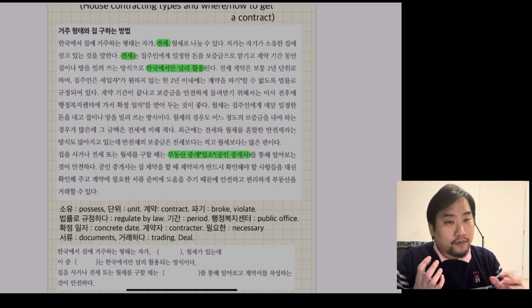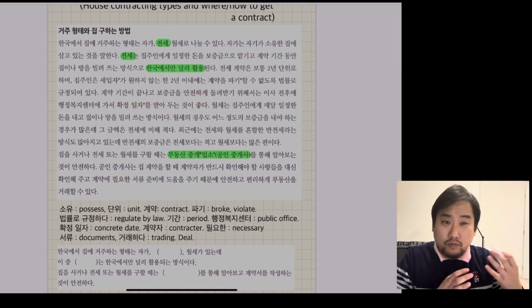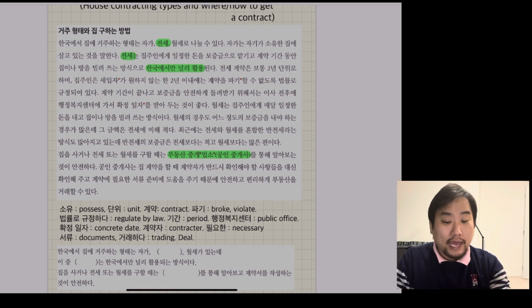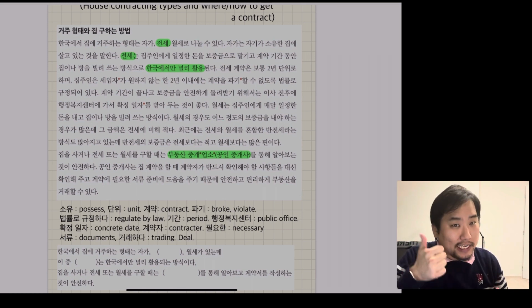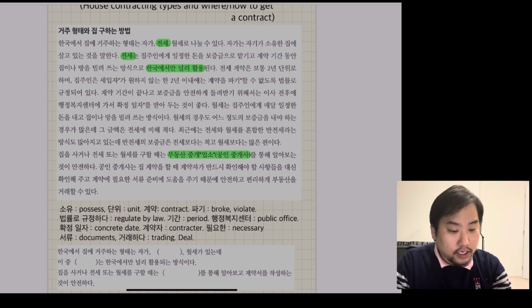So just before you move or soon after you move to a certain house, go to the 행정복지센터, public office, and talk about the 확정일자. I came here to get the 확정일자. It is an important thing.